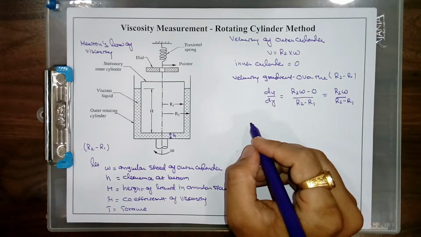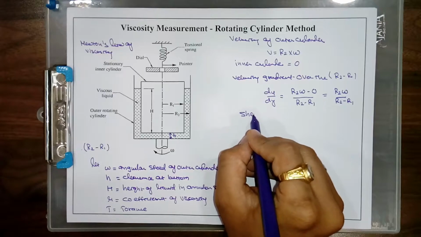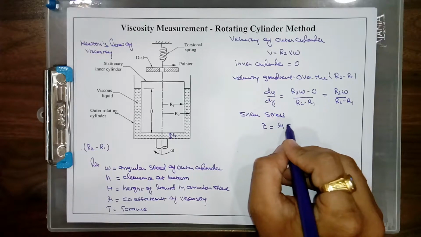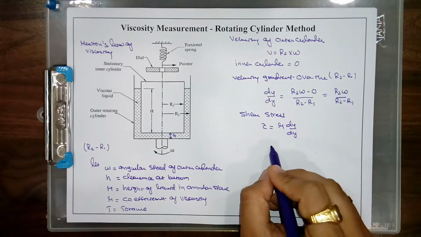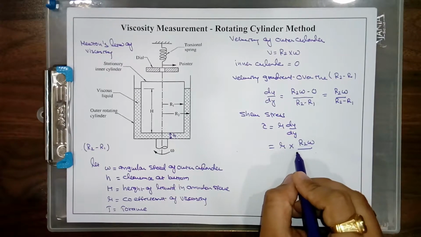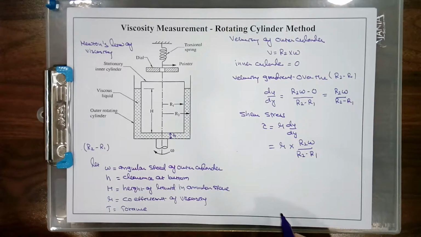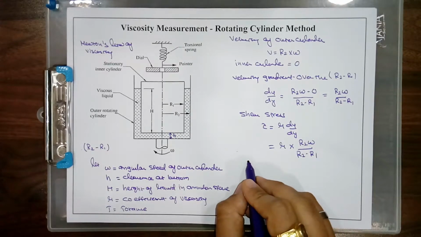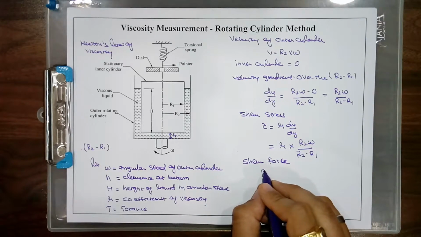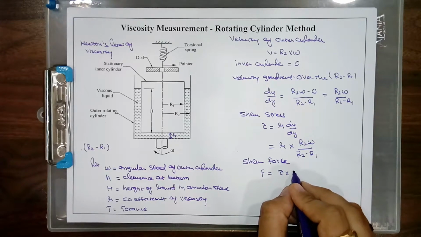Now students, we calculate the shear stress using Newton's law of viscosity. So shear stress tau equals mu du by dy. So we get mu into R2 omega upon R2 minus R1. And from shear stress we calculate the value of shear force. So shear force, indicated by F, equals the shear stress into the surface area.